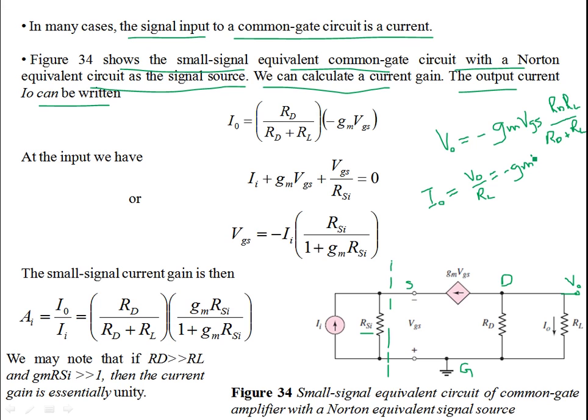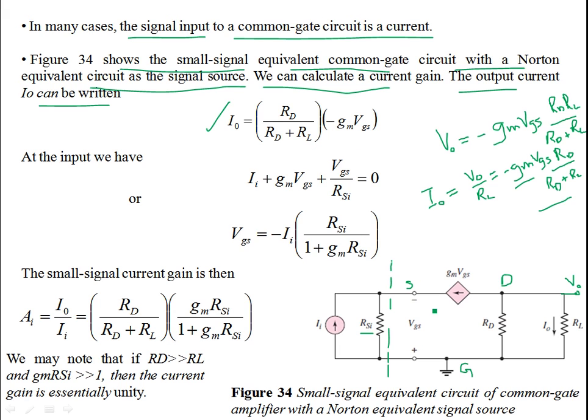I'm interested in how the output current relates to the input current, so that we can have a current gain of the common gate configuration. This expression is what we have over here: minus GM VGS into RD, with RD plus RL in the denominator. This is the output current.